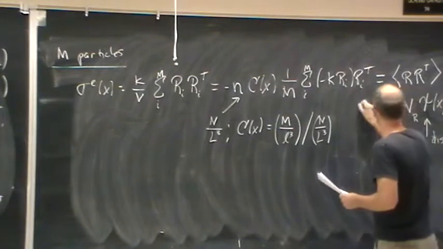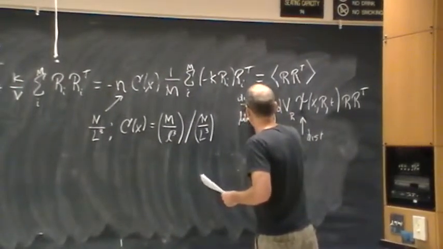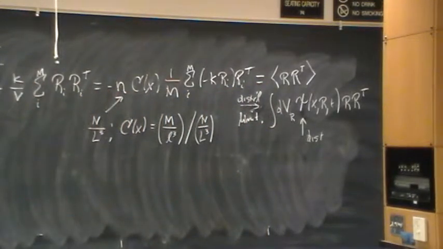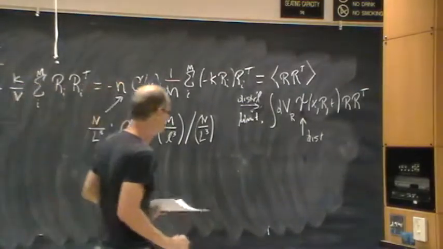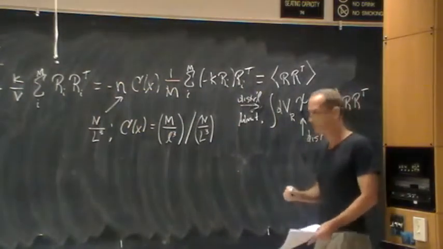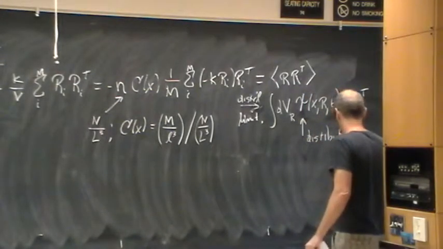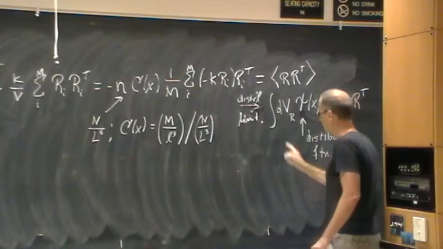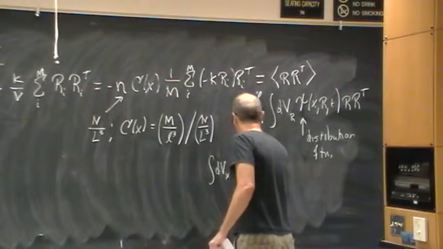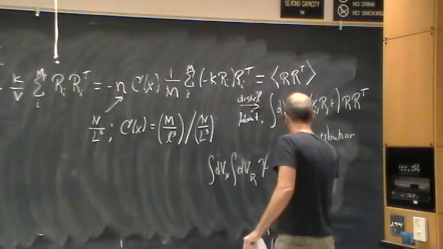So here this is passing to a distribution limit. Replacing the discrete sum with a continuous approximant. And now I'm going to evolve this continuous distribution function. This is the basis of kinetic theory. So this is going to satisfy a Fokker-Planck equation. And this psi is going to have some normalization. The integral of dV_x dV_R psi is N over L cubed.